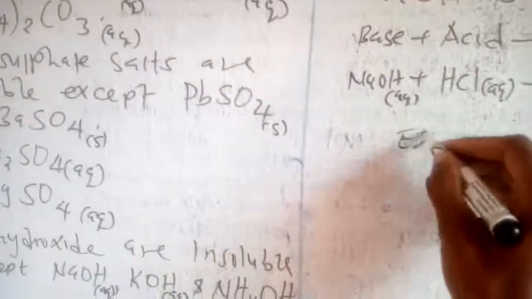Then we come to example number 4. In this example 4, I'm going to give a reaction between a carbonate and dilute acid.